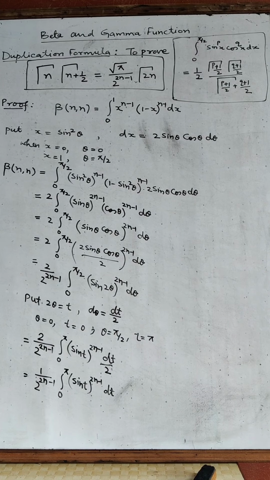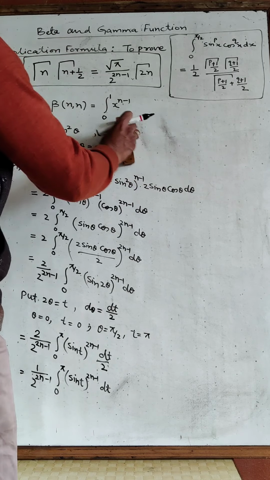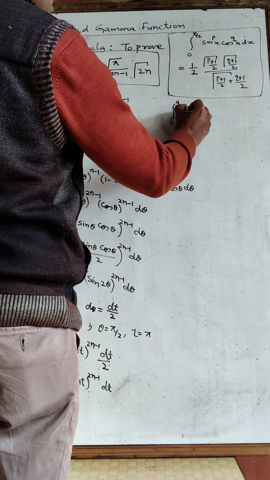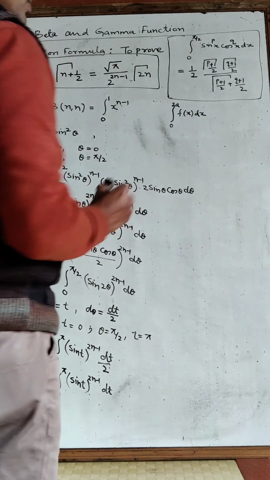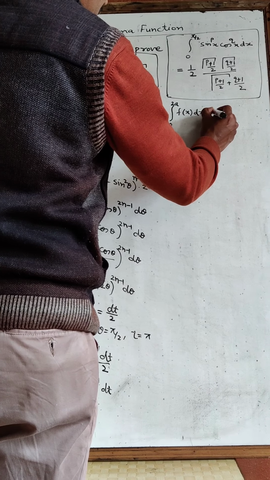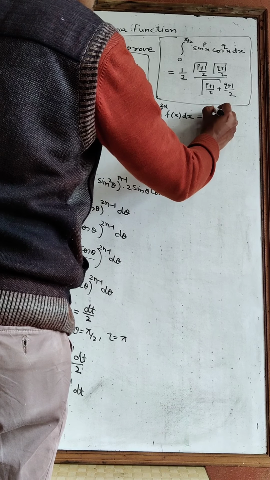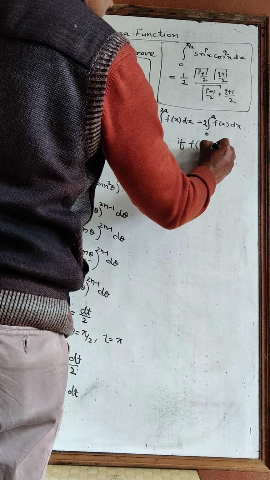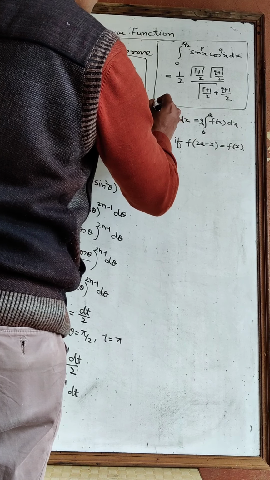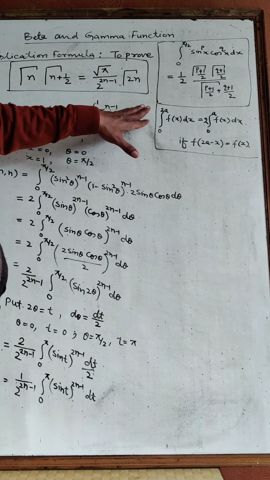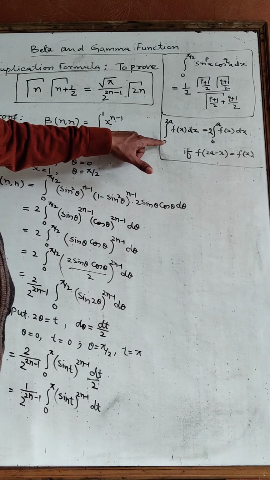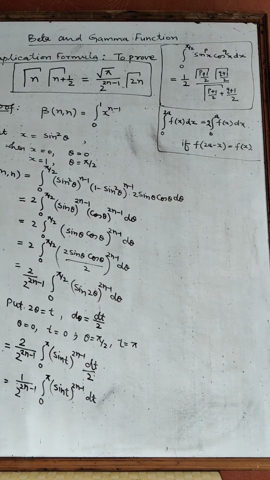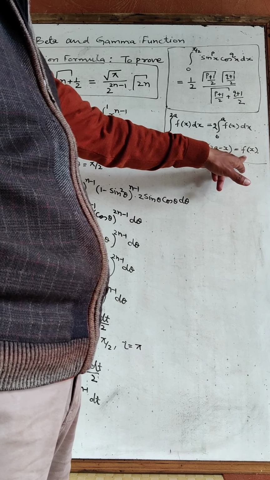So we will use another result of definite integrals: the definite integral from 0 to 2a of f of x dx is equal to twice the definite integral from 0 to a of f of x dx, if f of 2a minus x is equal to f of x.